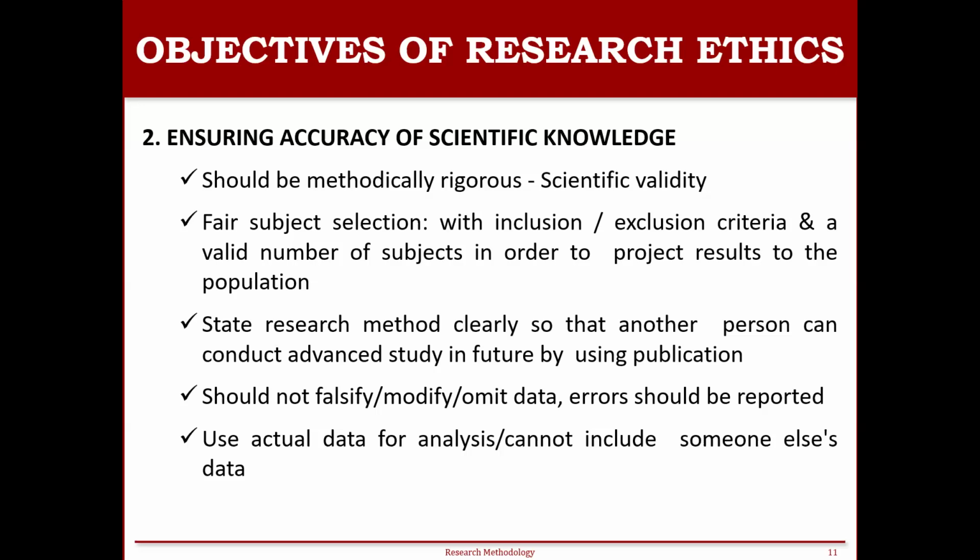We also need to be fair in selecting participants, right? That means we should have clear inclusion and exclusion criteria when we select the participants. We must choose the right number of participants to make sure that our results truly reflect the larger population, right? That is why sampling techniques are important.